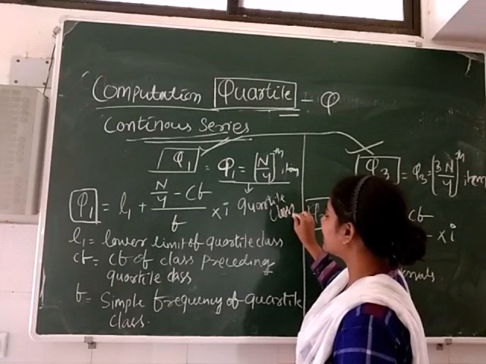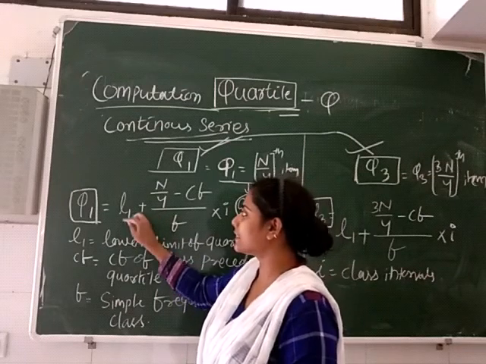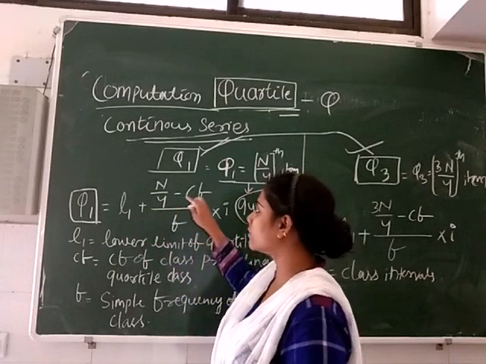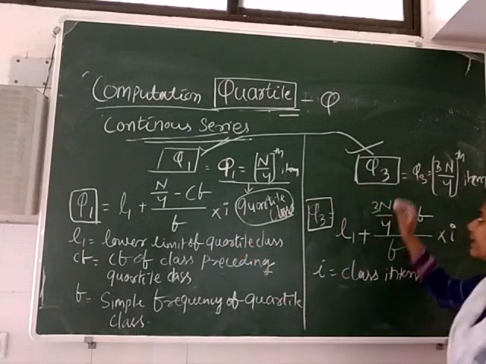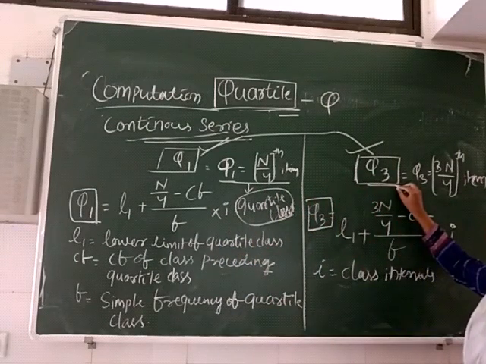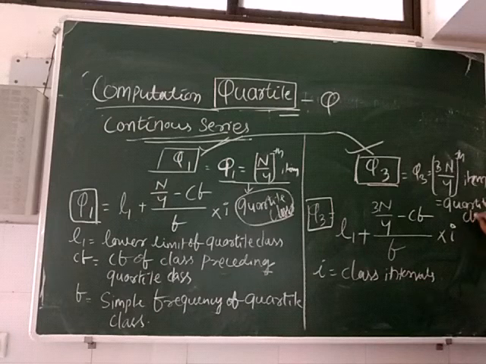After knowing the quartile class, we put the formula of lower quartile, that is L1 plus n by 4 minus CF by F into I. Similarly, we first calculate Q3 to know the quartile class, and after we know the quartile class, we put the formula, that is 3n by 4 item.